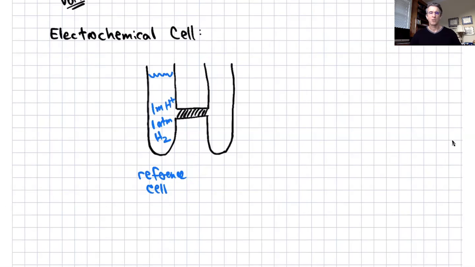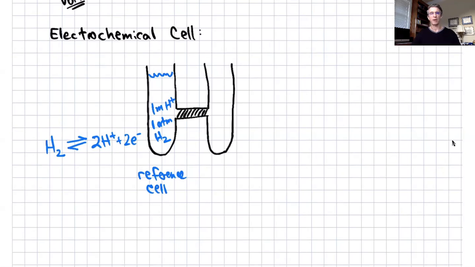What's happening over here in the reference cell is this redox reaction. H2 can, in principle, dissociate into 2 protons and 2 electrons. But like this, it's going to be at equilibrium, and nothing's going to happen.